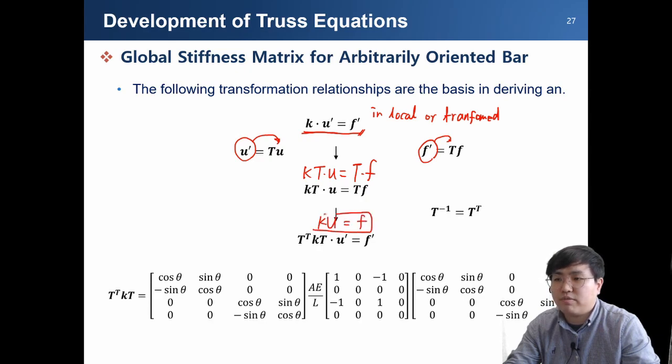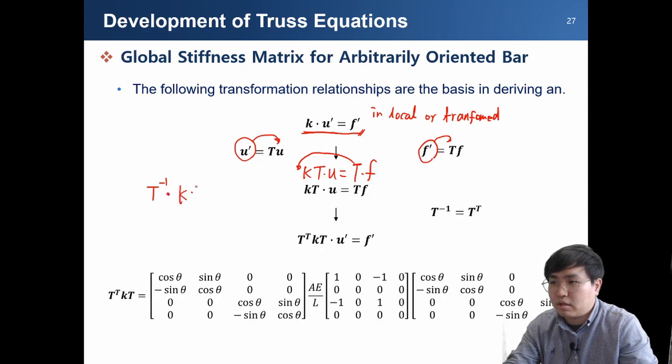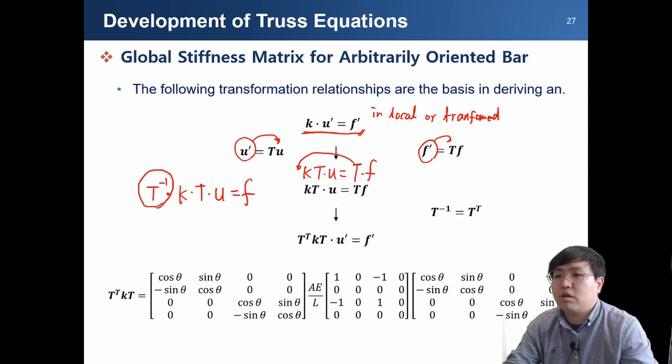This is our final form. On the right hand side, I want to take this T and move it to the left hand side, so I take the inverse matrix, and then K T U equals F. Fortunately, the inverse of the transformation matrix is the same as its transpose matrix.